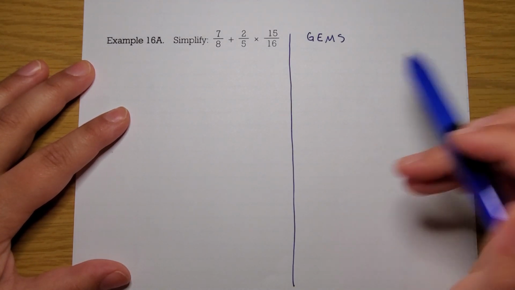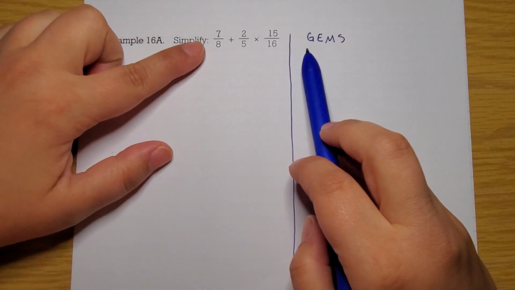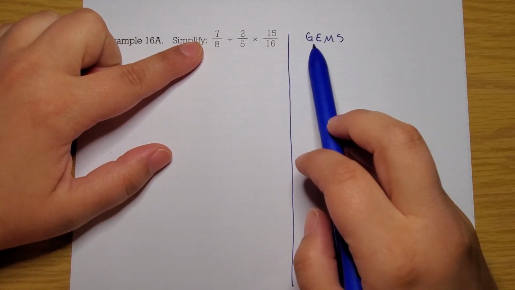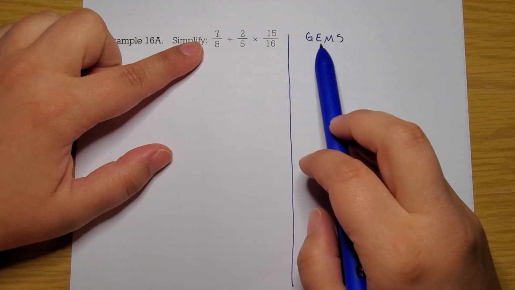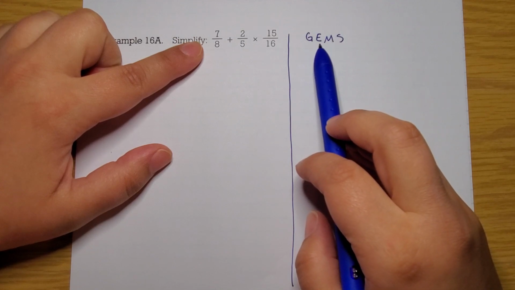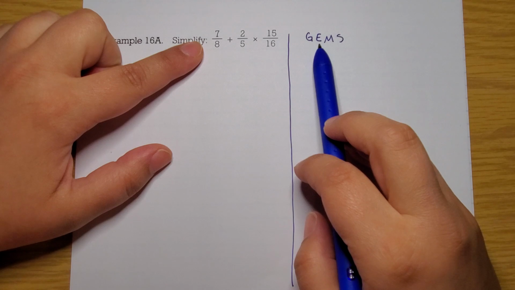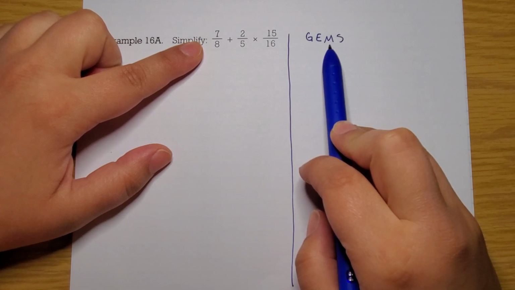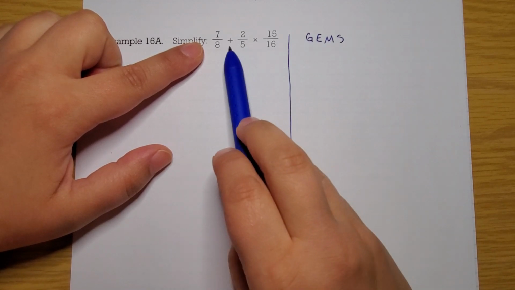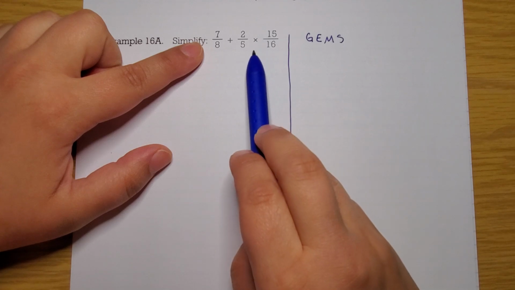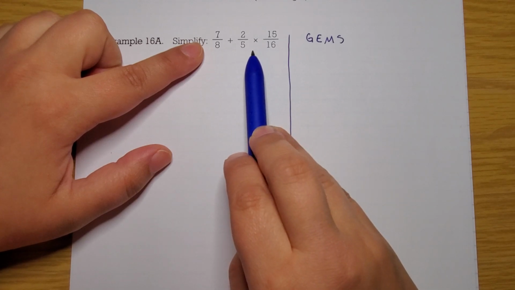Okay, so grouping symbols. I don't have any brackets or parentheses, so there's nothing grouped. Exponents. I don't have any exponents here, so we're going to skip that. Multiplication and division. So I have adding and multiplying, so we've got to do this multiplication step first.